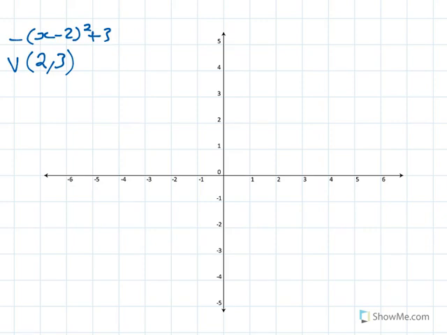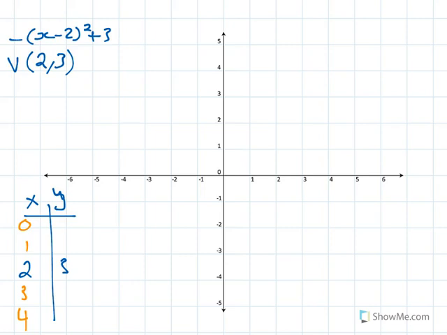So by using a small table of values, x and y, put the vertex in the middle, (2, 3), and choose any other value before 2 and after 2. So before 2 I have 2, 1 and 0. I have after that 3 and 4, and substitute in the main function to get the value of y, and that gives you a better graph.